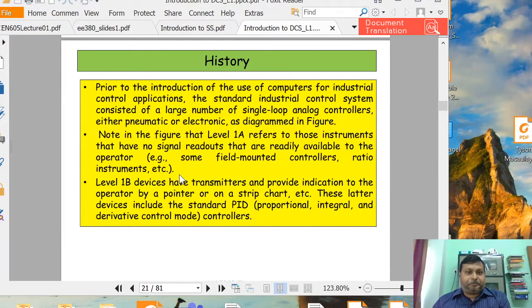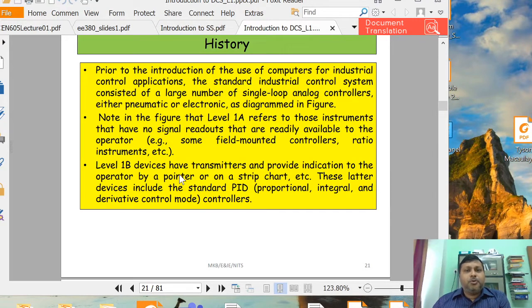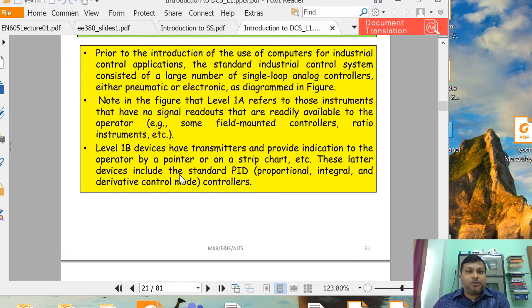So here you can see that initially there was no use of computers in process control. All the control task was executed by the analog controllers. Note that in the figure, level 1A refers to those instruments that have no signal readouts that are readily available to the operator.